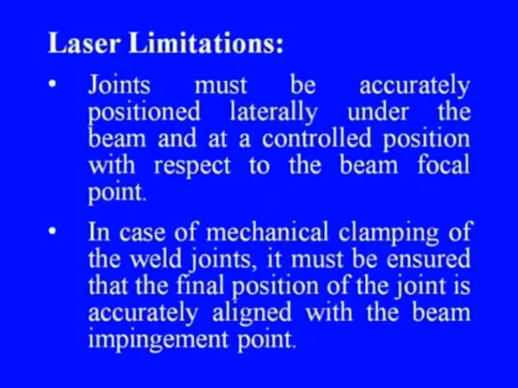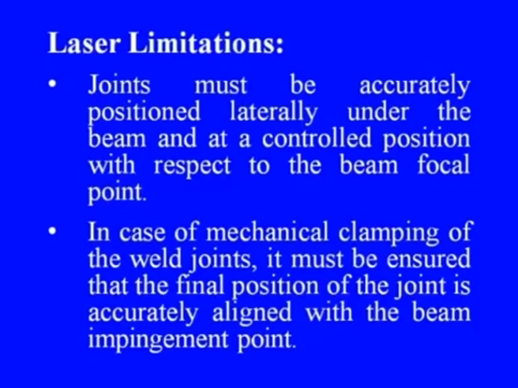Let us at the same time note a few limitations of this process as well. The joints that are obtained by laser beam welding must be accurately positioned laterally under the beam and at a controlled position with respect to the beam focal point. This is very critical for accuracy of the welding process.